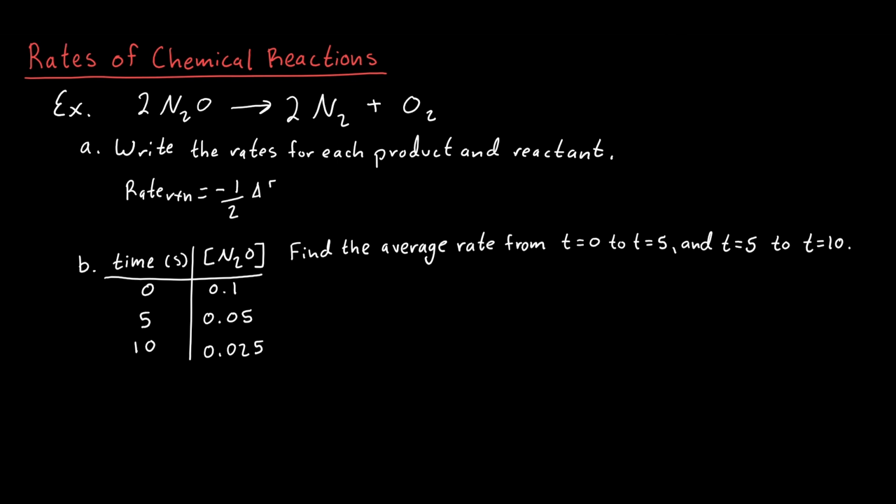And then we just write change in the concentration of our reactant divided by change in time. And then this is also equal to nitrogen. Since nitrogen is our product, it's positive, and then 1 over the coefficient times change in concentration of nitrogen divided by change in time. And then the same for oxygen. Since our coefficient is 1, we just put 1 in the denominator.